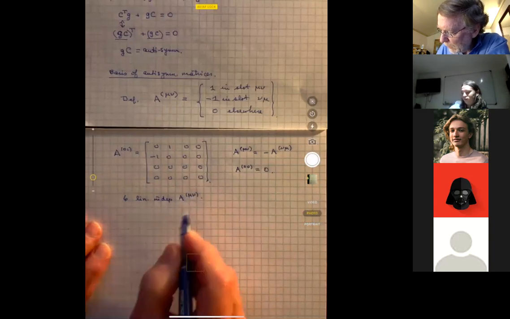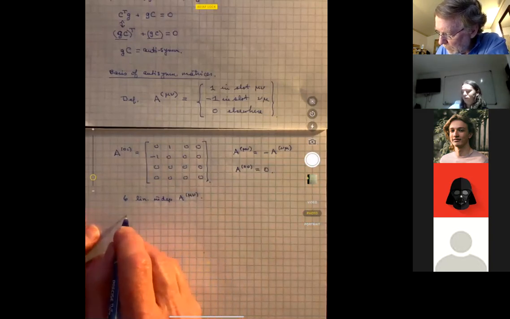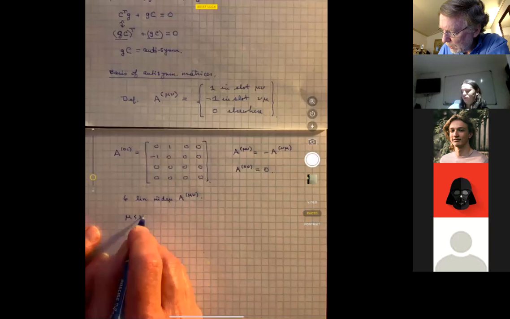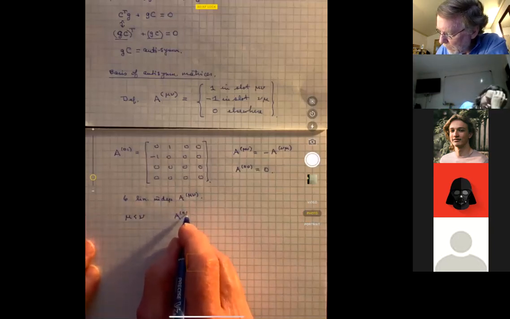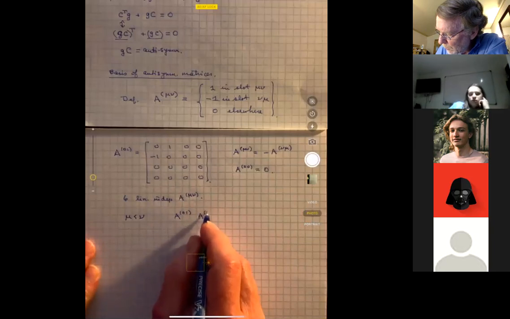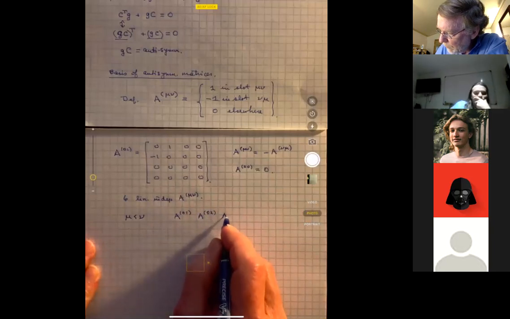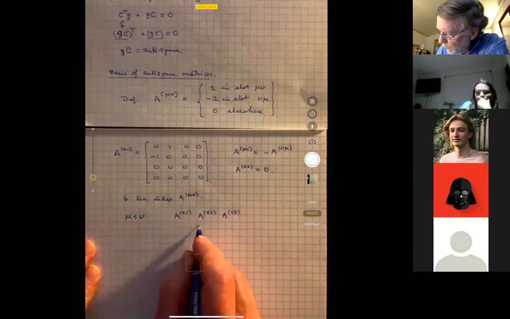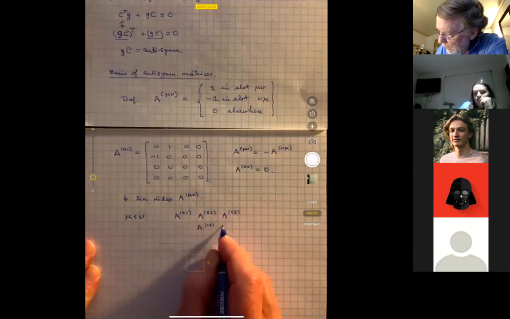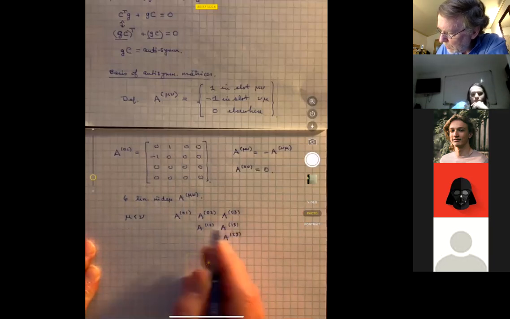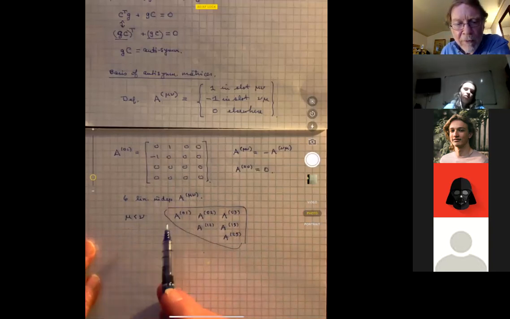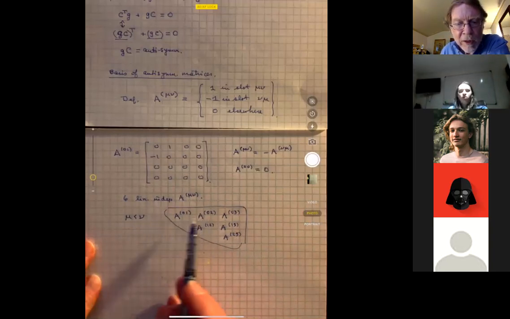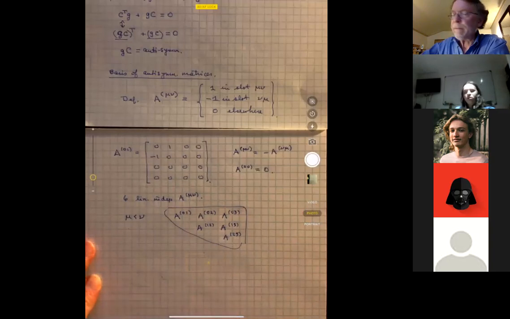We can get the 6 linearly independent ones by demanding that the indices are in ascending order, so that mu is less than nu. That gives us, for example, A01, A02, A03, A12, A13, and A23. You can see here that there are 6 of them. These are all linearly independent, and an arbitrary 4x4 antisymmetric matrix can be represented as a linear combination of these 6.